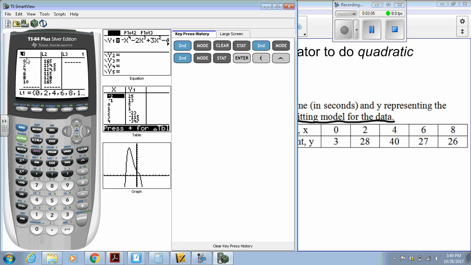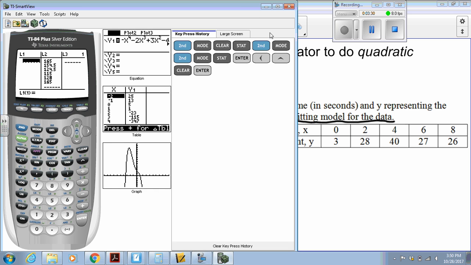Now to clear this, I'm going to press the clear button. Then you just press enter, and it clears the entire list. Do not press the delete button. If you do that, it deletes this entire list, the L1, and when that happens, I do have to reset the calculators. So just press the clear button.